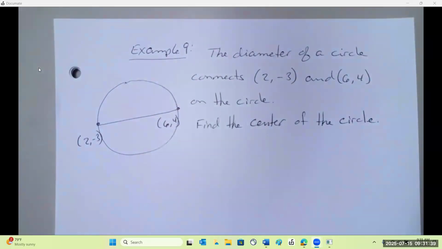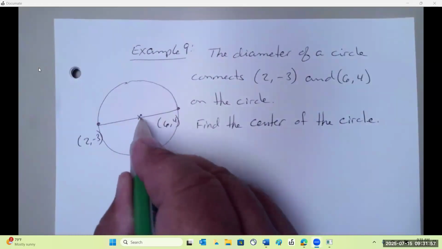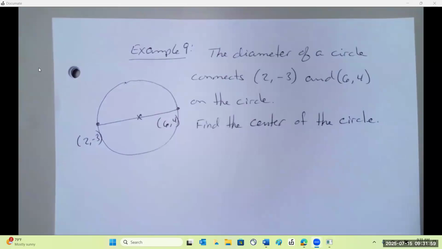What do we know about the diameter of a circle? And how does it relate to the center? I didn't say radius, I said, how does it relate to the center? Right, the diameter line has to go through the center of the circle. Diameters have to go through the center of the circle.